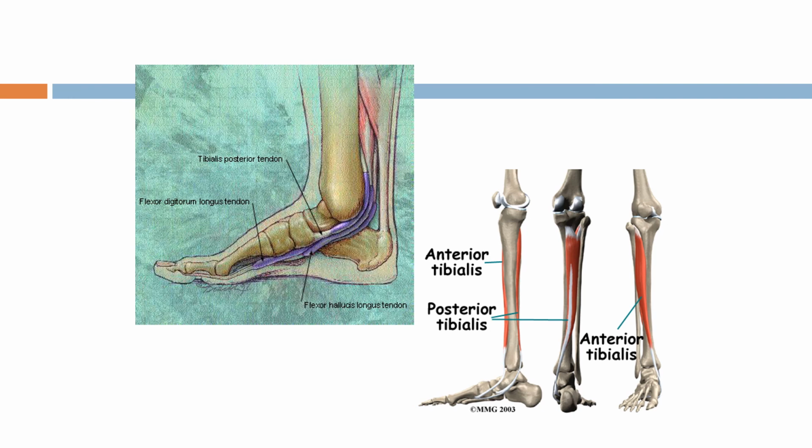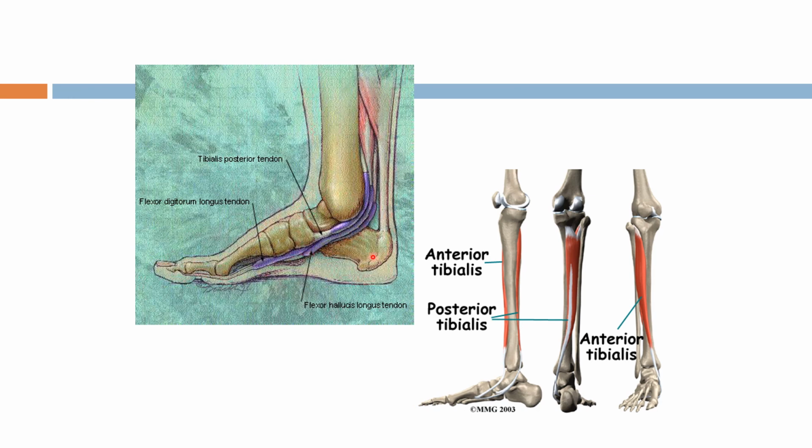Okay, and here you can see some of these. So here they're showing the anterior tibialis just for some reference, but you can see the tib posterior on here as well. And you can also see in here the medial aspect of the ankle and some of these tendons. So here's the tib posterior. Here's the flexor digitorum. So this is an important anatomical region when we're looking at injuries in the ankle and foot.